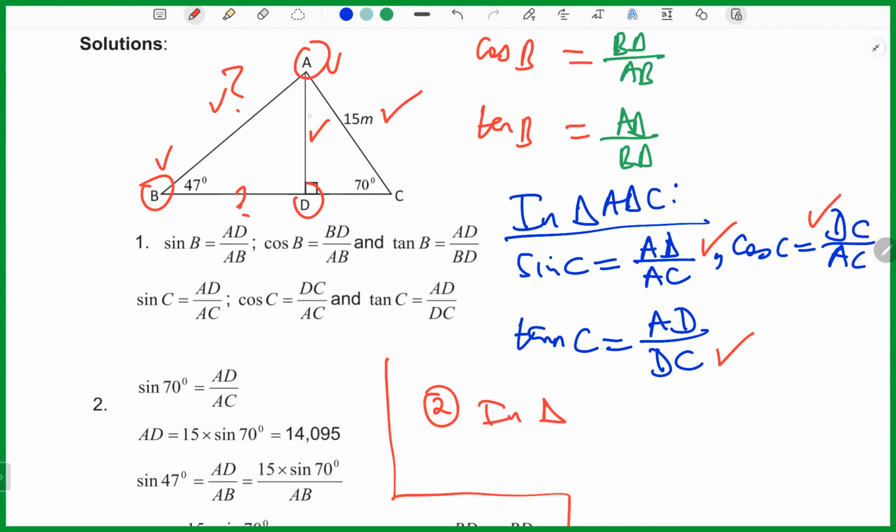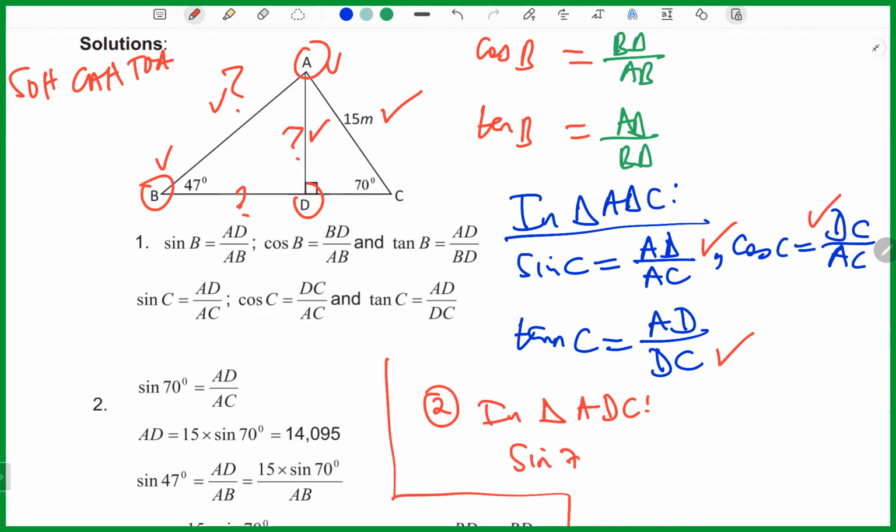So in number 2, we can choose to work in triangle ADC. In triangle ADC, we're going to have the trigonometric ratios. If we want to find AD, and we have the hypotenuse, we can write SOHCAHTOA.